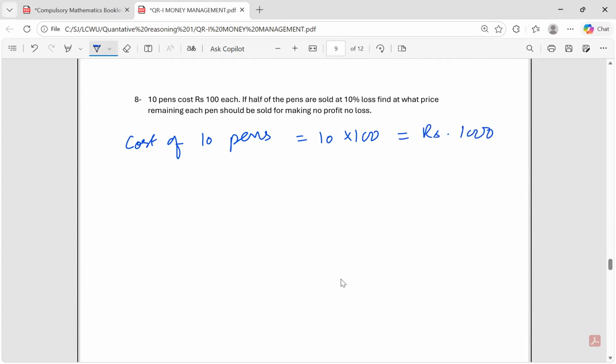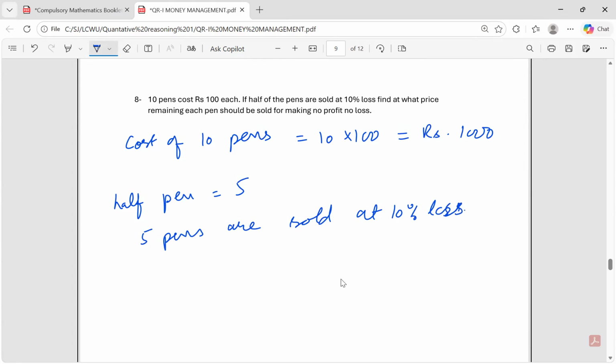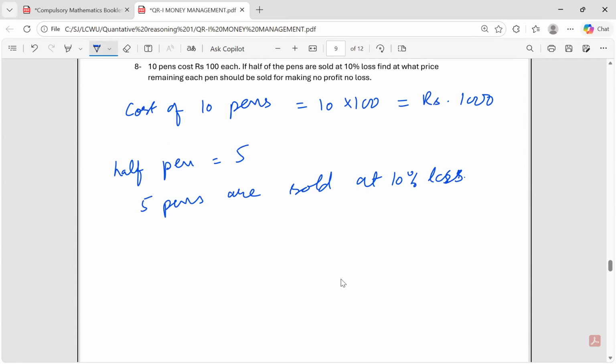Half of the pens is equal to 5. So 5 pens are sold at 10% loss. The cost of 5 pens is simply 5 multiplied by 100 equal to 500.